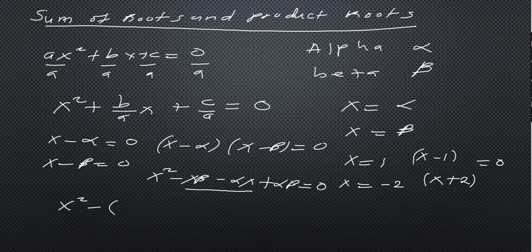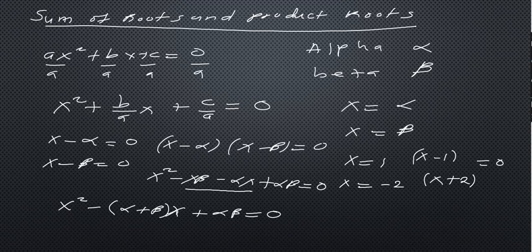So let me start with alpha. So alpha plus beta, then close bracket, then I'm going to put x in. Okay? Then plus alpha multiplied by beta is equal to 0. So that is what we have.